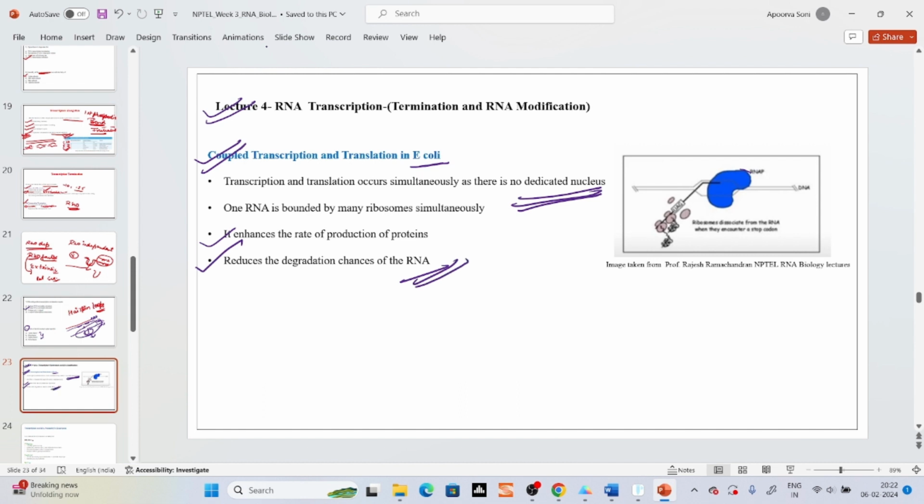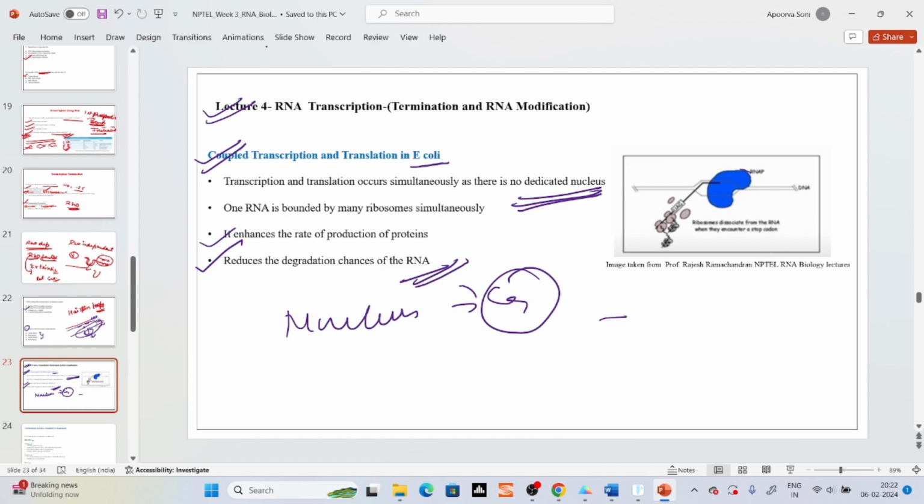Now in eukaryotes, this RNA is formed inside the nucleus. When it comes to the cytoplasm, it is already completely modified, like it has a 5 prime cap and a 3 prime poly A tail, so it is protected and cannot be degraded that easily.